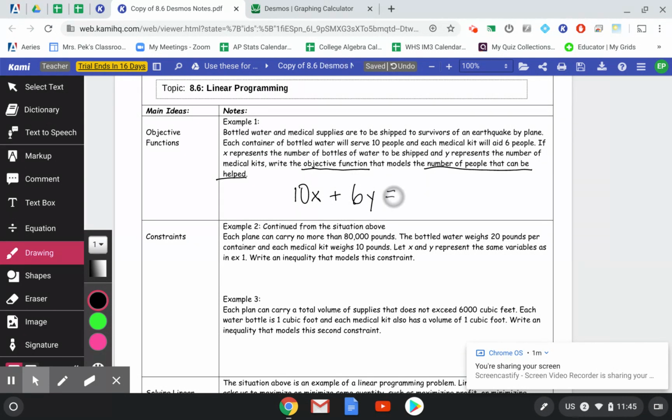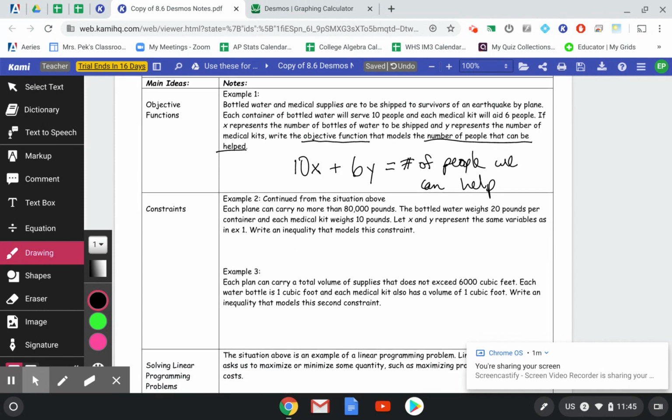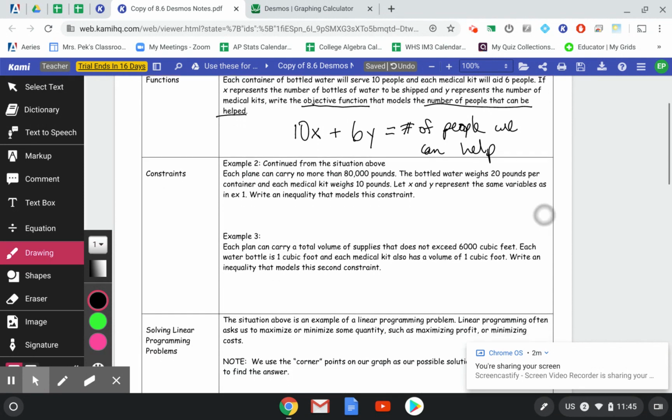So this is going to be our objective function, and it's going to equal the number of people we can help. So what's our objective? Our objective is to help people. So there's our objective function.